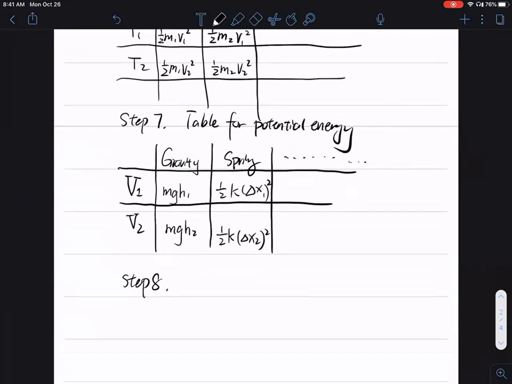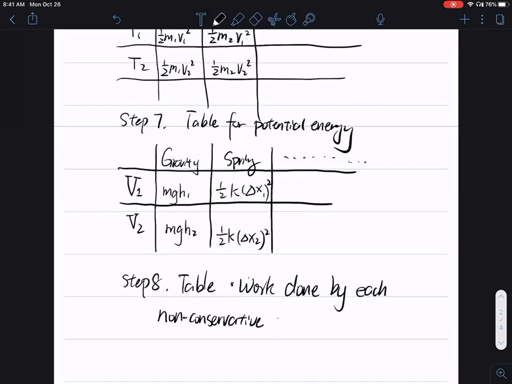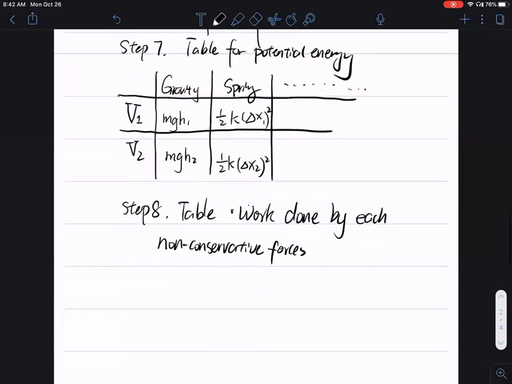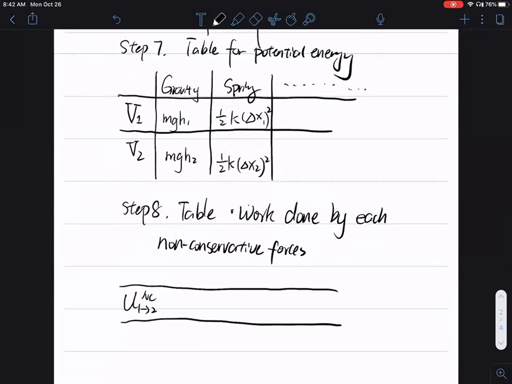is to have a table for work done by each non-conservative force. Okay, so what are the non-conservative forces?